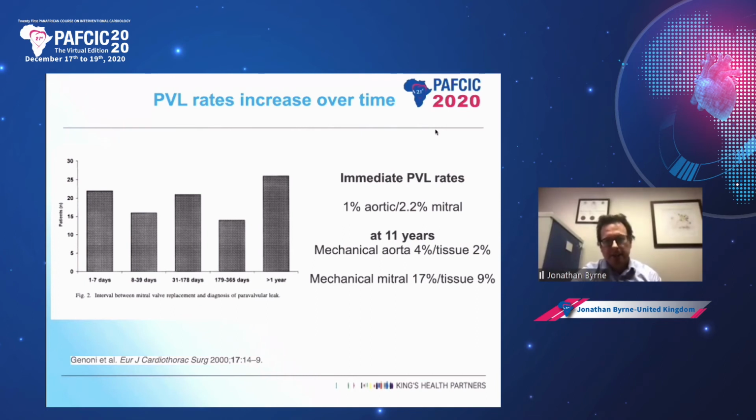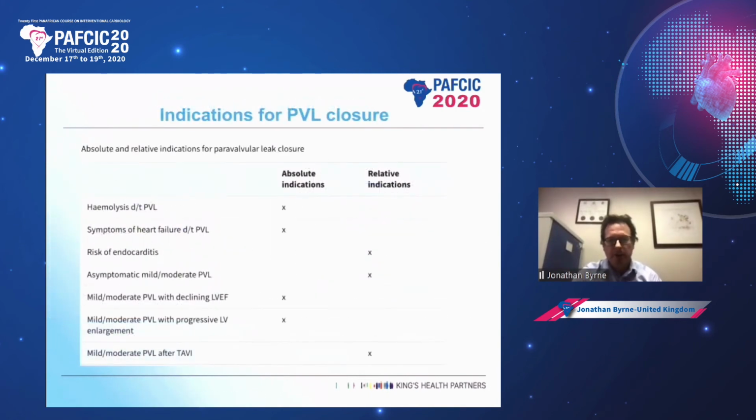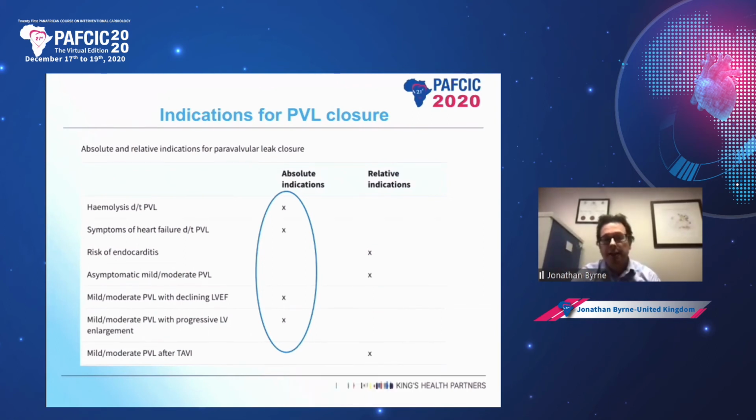Now, in terms of indication for closure, I think we should talk about the absolute indications for closure, because this is the most important. I think the only primary indications for closure are symptoms of heart failure or signs of left ventricular dysfunction, so progressive left ventricular dilatation with either aortic or mitral leaks, heart failure symptoms not controlled by medical therapy or even partly controlled, and perhaps the biggest bugbear of all is hemolysis, particularly with valves in the mitral position, which can be very difficult to treat.